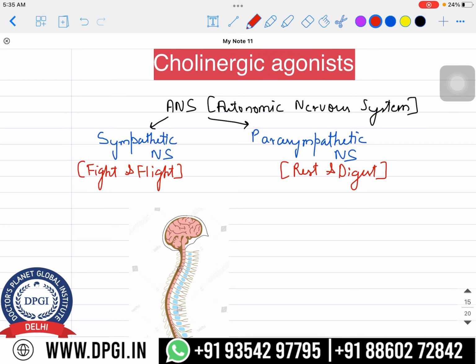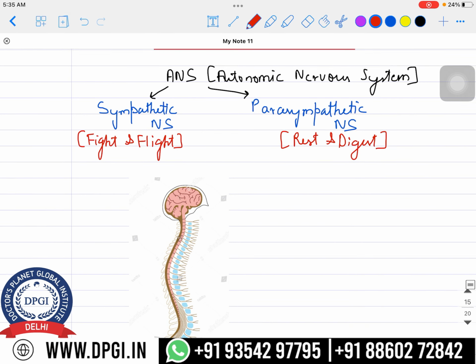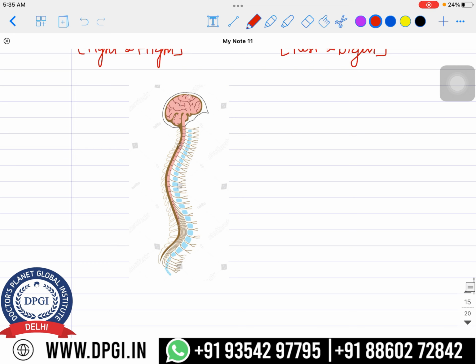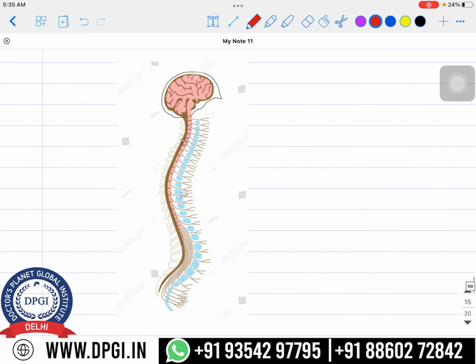Let's talk more about this system, like what the origination of this system is. Here is the diagram you can see on your screen right now. This is a brain and the spinal cord I want to depict. If I'm talking about the parasympathetic nervous system, it actually originates from the craniosacral region.